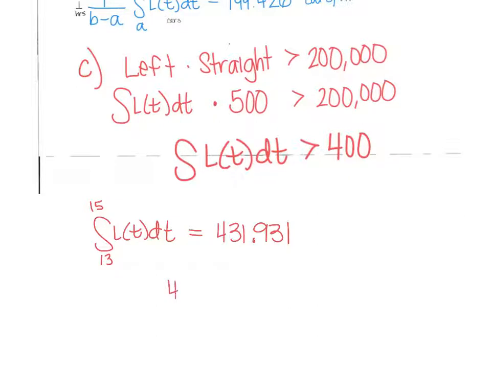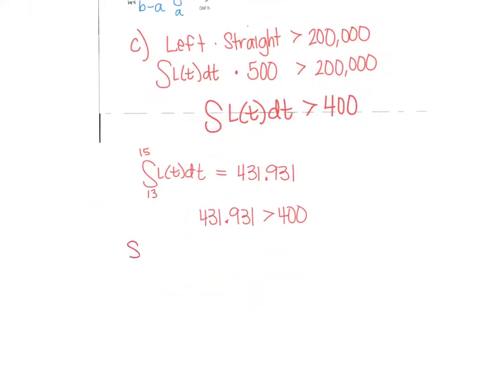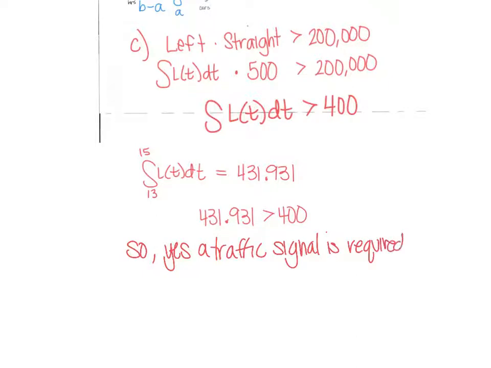And since 431.931, remember you always have to have 3 decimal places unless they tell you otherwise, is greater than 400, yes, a traffic signal is required at this intersection.